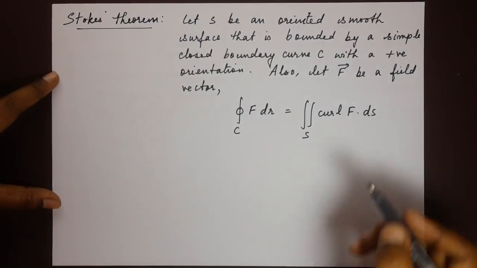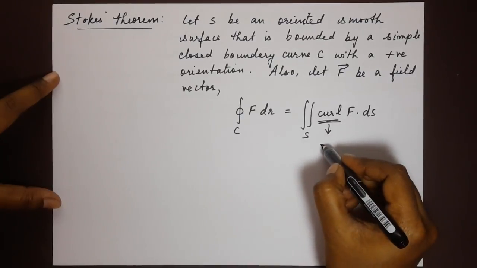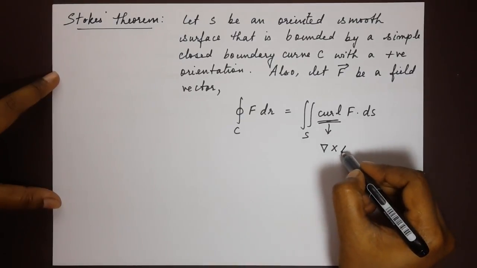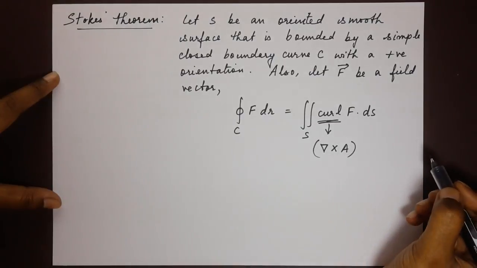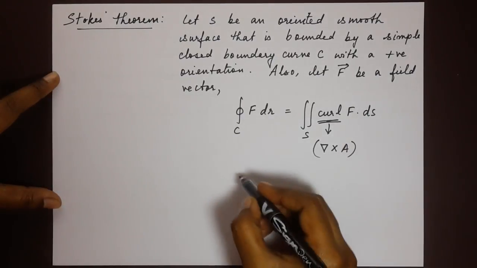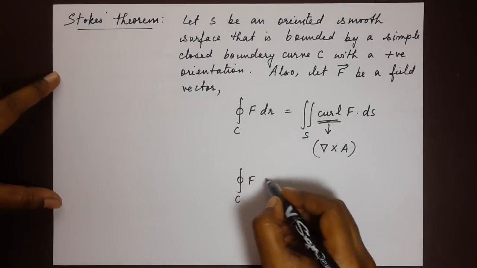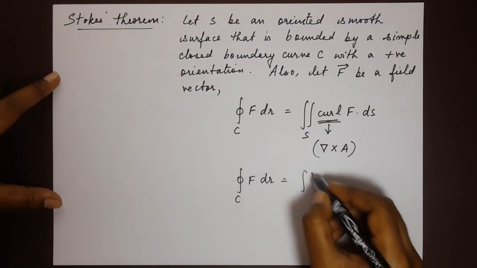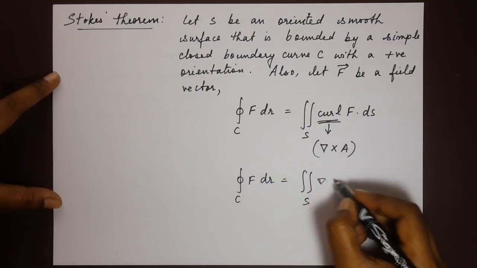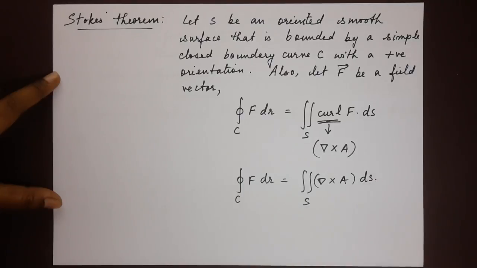Now, you should be quite familiar with what curl is. Curl indicates delta cross A. Delta cross A is curl of F. So, integral C closed curve of F dr equals the surface integral of delta cross A ds.